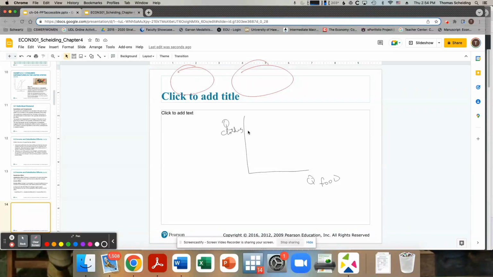I think that's kind of what we're sticking with here. And here's my original budget constraint, and here's my indifference curve. And then the event that's going to happen is the price of food falls. As the price of food falls, the budget constraint pivots outward.